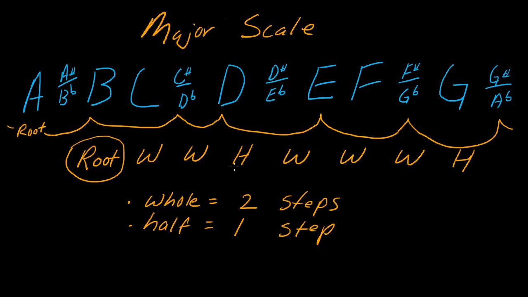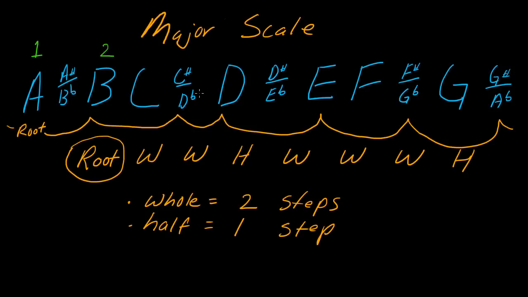Basically, the number system represents what intervals are. Okay, that's just kind of a fancy word to be able to know where the different notes sit. So whatever the root is is always number 1. So the root is here, A, that's number 1. The next note in this scale is number 2.